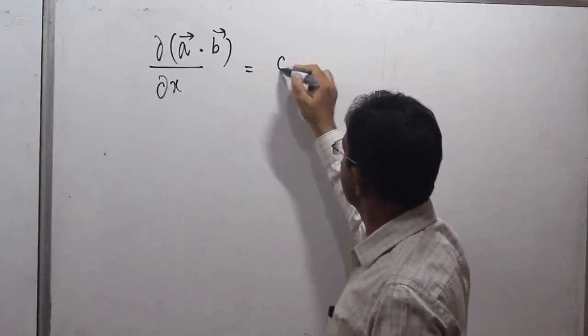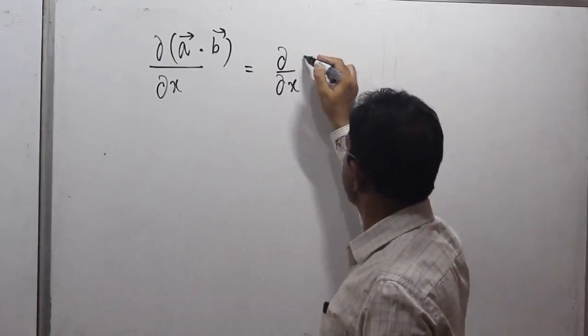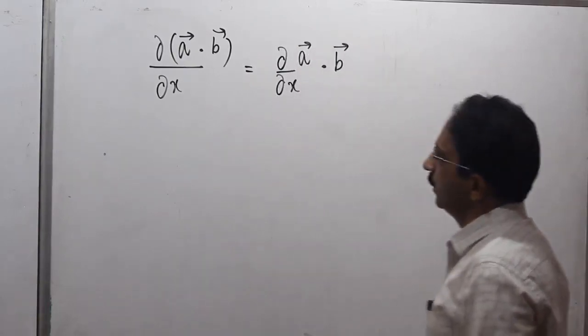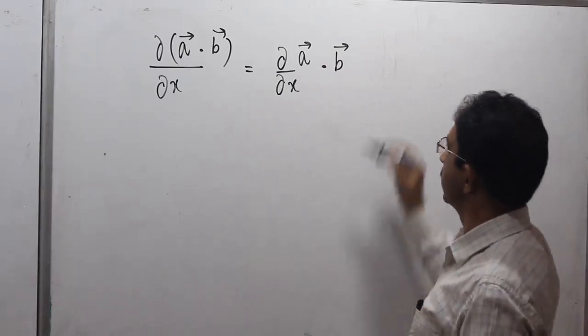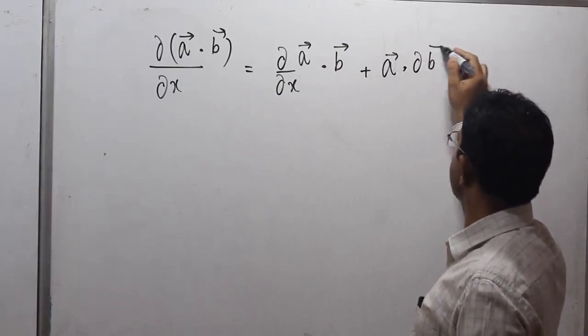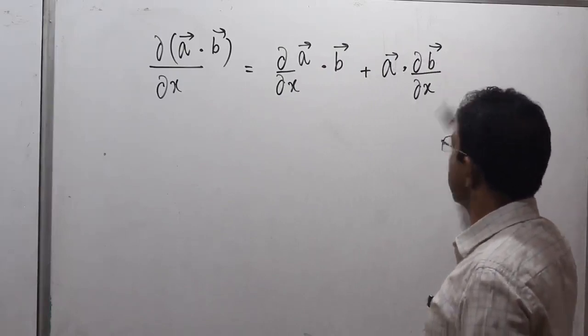So this would be equal to dou over dou x of a dot b, that is, derivative of first multiplied by second plus first dot derivative of second. This would be the answer.